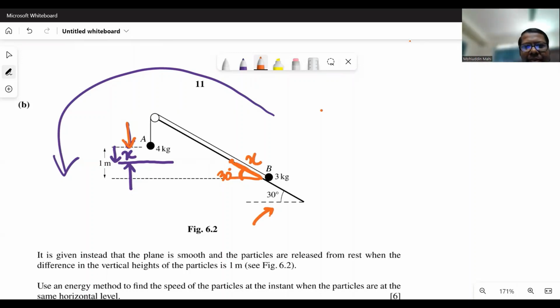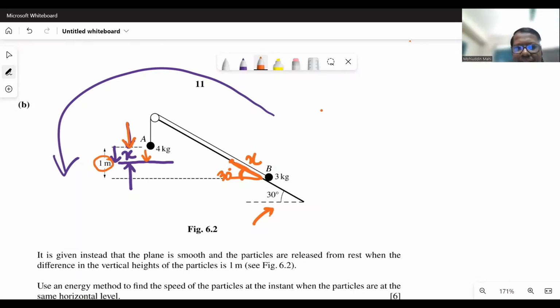Why? Because if A moves 1 centimeter below, B will move 1 centimeter along the slope, along the plane. If A descends 2 centimeter in downward direction, B will ascend along the plane 2 centimeter. All right. But the vertical distance of A and B is 1 meter.